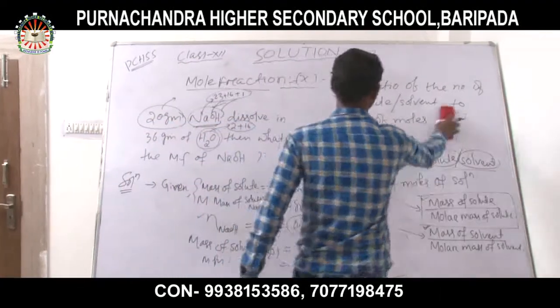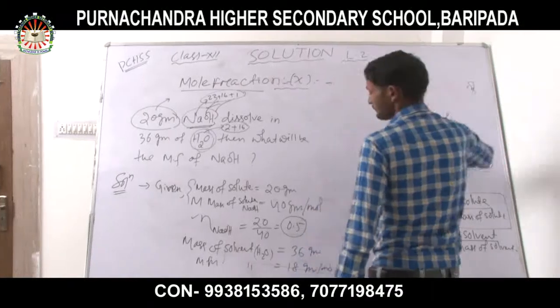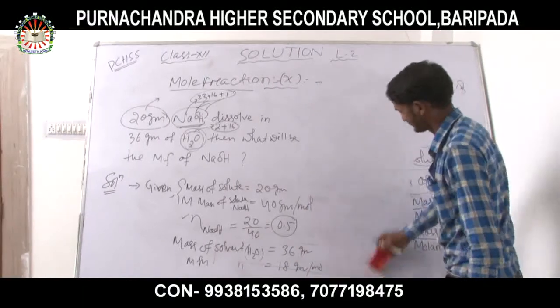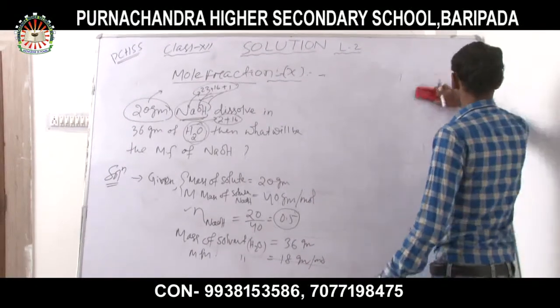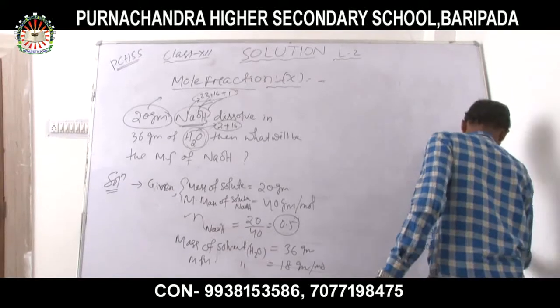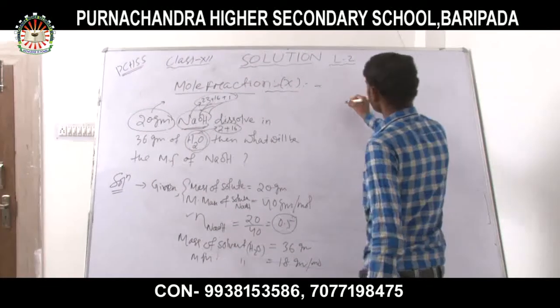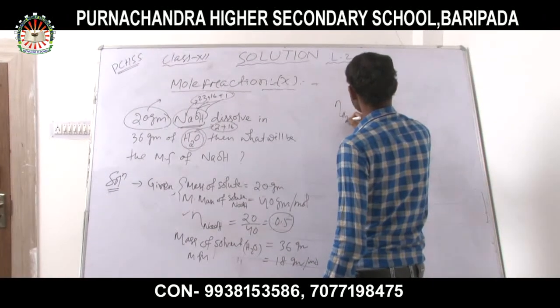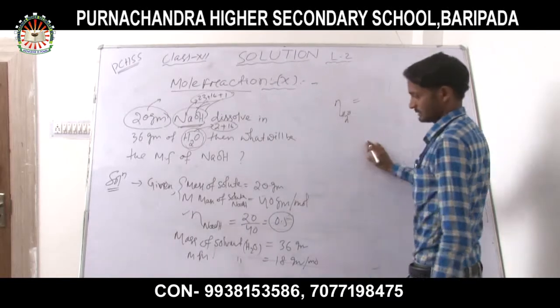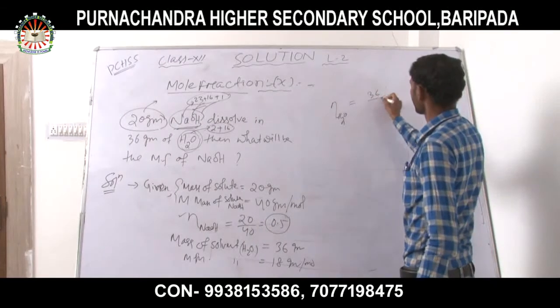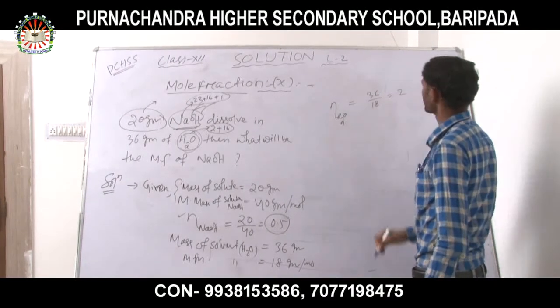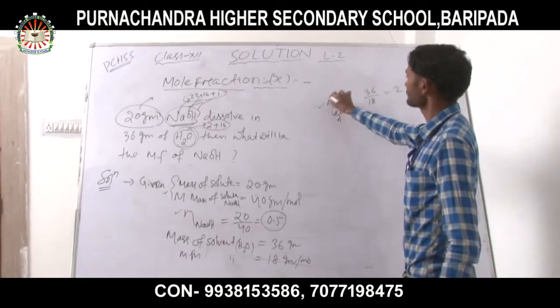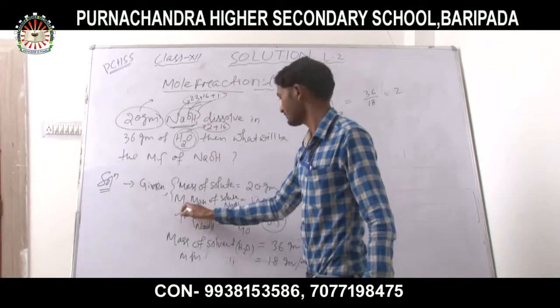Now the number of moles of water, the number of moles of solvent: number of moles of H2O is equal to 36 divided by 18, that equals 2. So the number of moles of solvent is 2, and the number of moles of solute is 0.5.